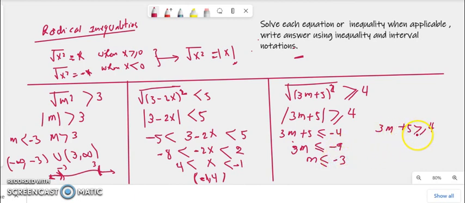Or here, same thing, subtract 5. So 4 minus 5 is minus 1, and 3m, so m is greater than or equal to minus 1 over 3.